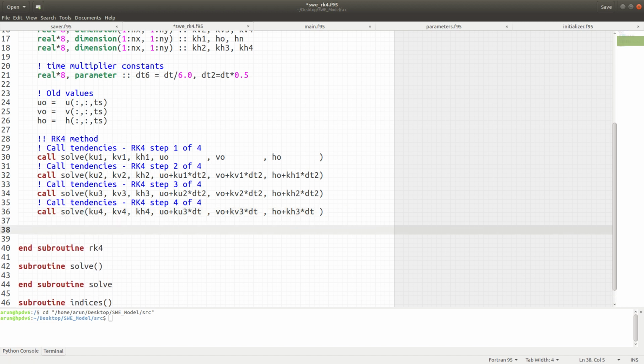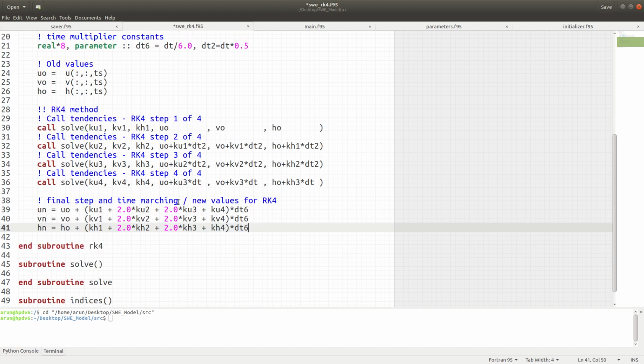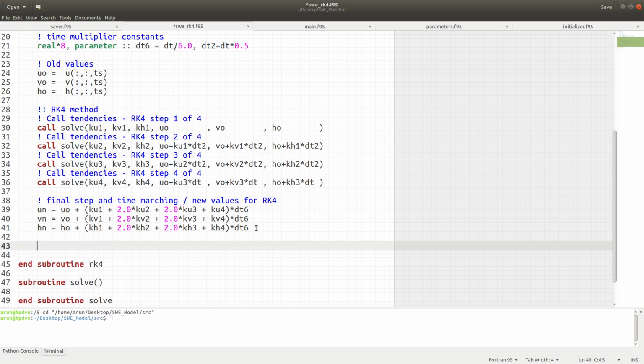Then let's do the actual time marching based on RK4. Once we get the 4 slope functions, it's time to evolve them. This is the final step of time marching. The new value is the old value plus the weighted average of all the slope functions with respect to time. Cool. There you go. Now we've got the new values, and it's time to update the main UVH.